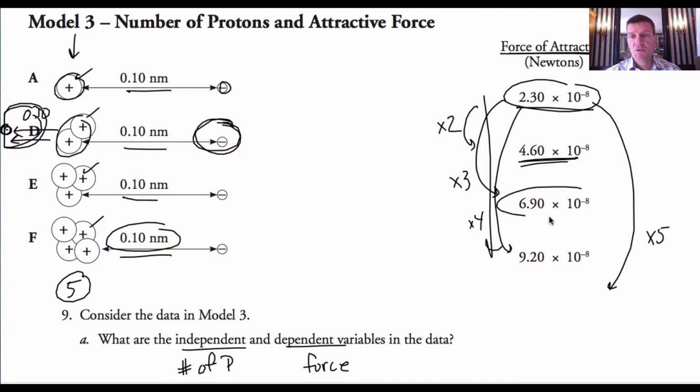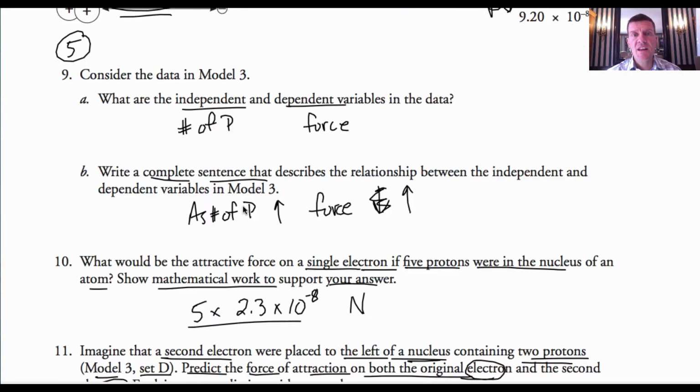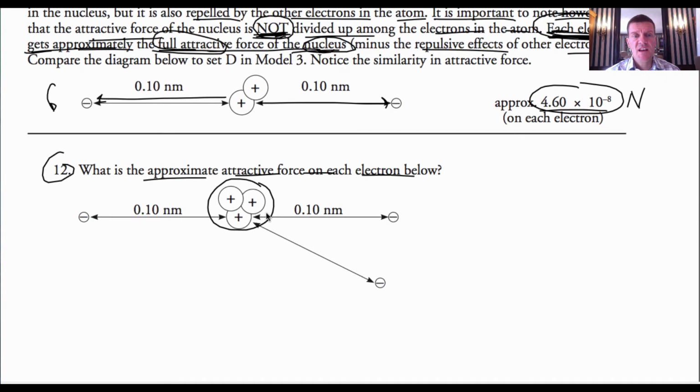Here we go. 3 protons are exerting a force of 6.90 times 10 to the negative 8 newtons on a single electron. So every one of those is going to feel the same force. I'm assuming that this is also 0.1 nanometers. So they're all going to feel a force of 6.90 times 10 to the negative 8 newtons. Okay?